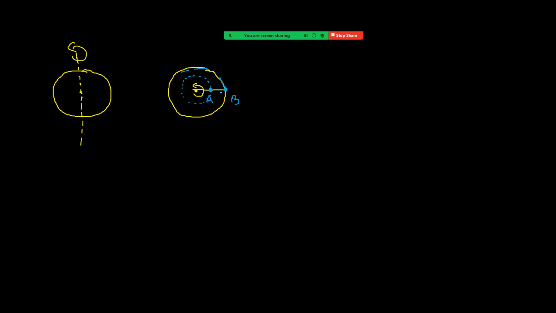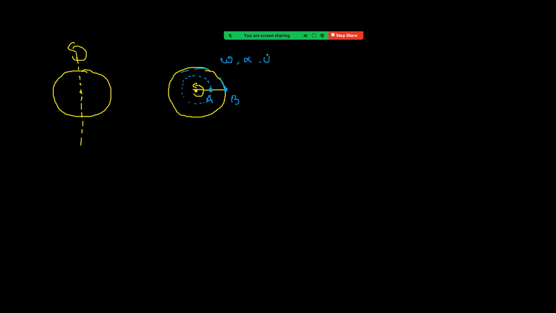Or we can say each and every point completes one revolution in the same time. That means angular velocity is the same for all points. Also, alpha, which is known as angular acceleration, is the same for all points.